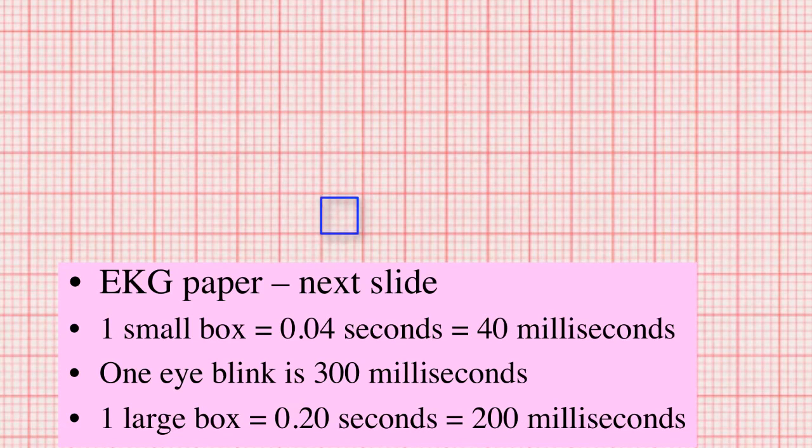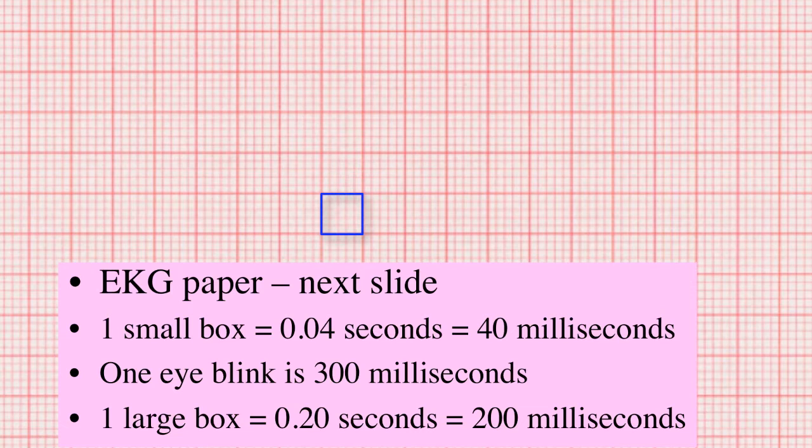A large box, the thick lines, again left to right as the paper moves out of the machine, is equal to 0.20 seconds, or 200 milliseconds. You can memorize that, or think in terms of a small box and a large box: a large box is 5 small boxes.